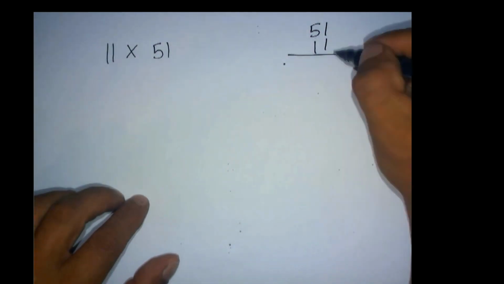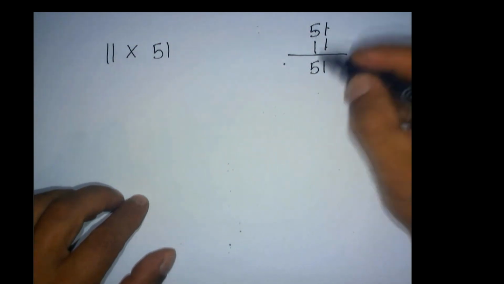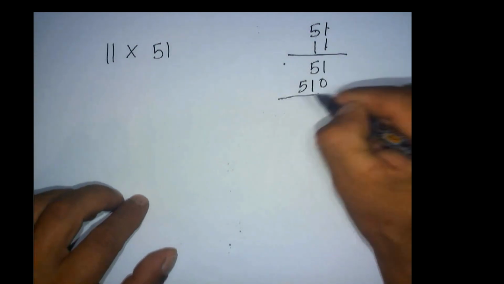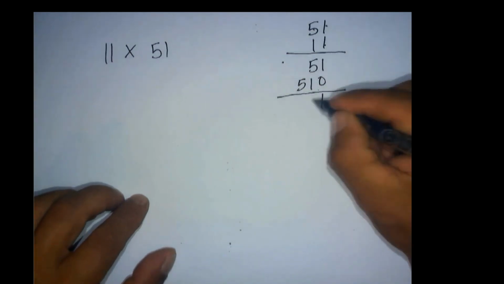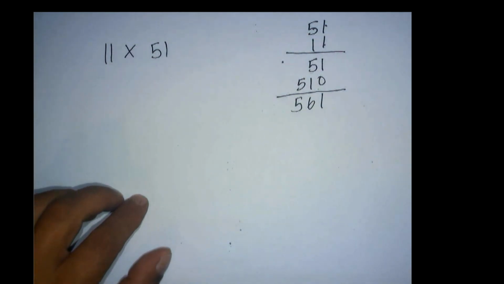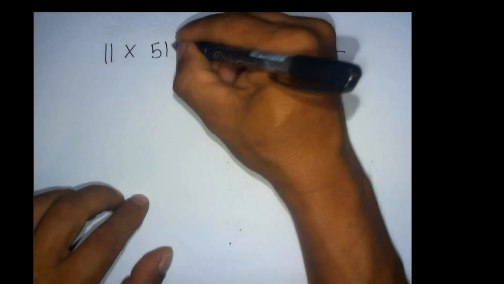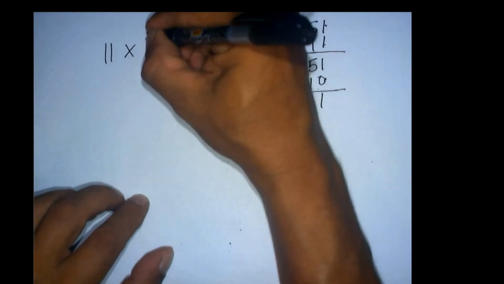So we're going to multiply 51 by 1, and then we're going to multiply 51 with a 0 on the end, and then we're going to add. So what we did was we put a 0 here and a 0 here.